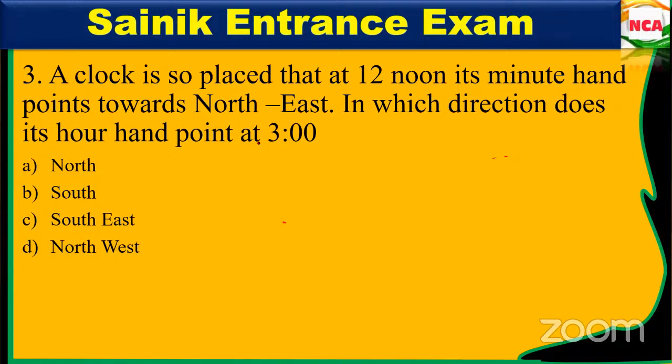So 12 noon means the minute hand and hour hand will both be pointing towards 12 only, right? Is that clear what I'm saying? Yes, ma'am, this is our clock. It will be at 12 only, the minute and the hour hand.